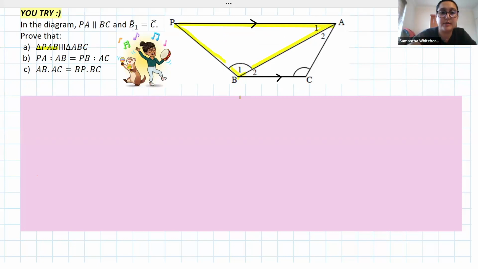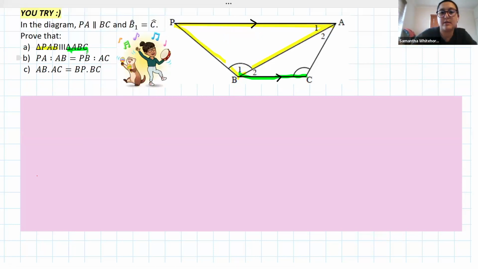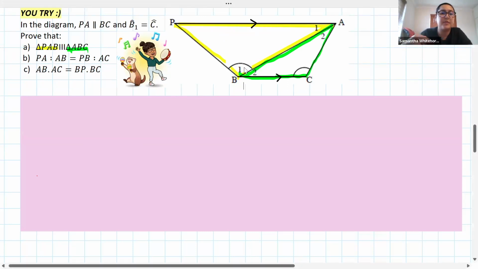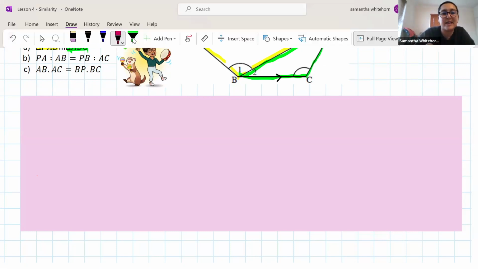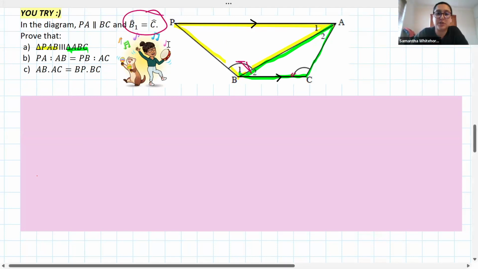So the yellow triangle, and then triangle ABC, which is the slightly smaller little triangle on the side here. So those are the ones you're wanting to prove similar. Now remember, this situation over here is showing that they're equal, but you're also told that in the information of your question. You also have parallel lines, so bear that in mind.